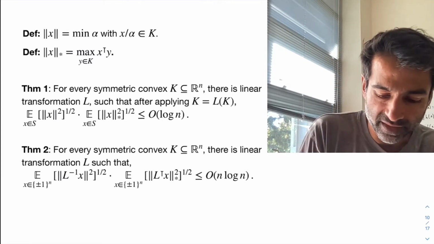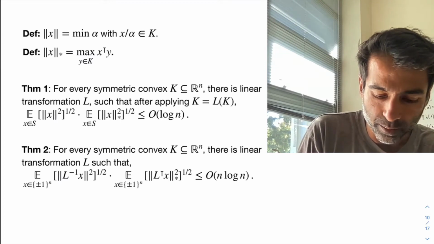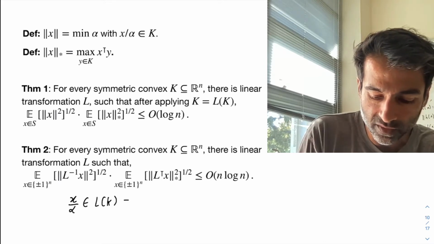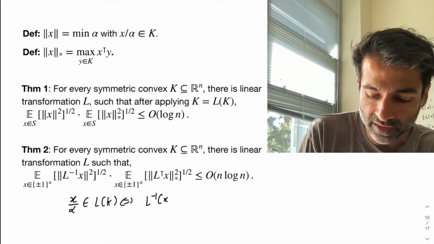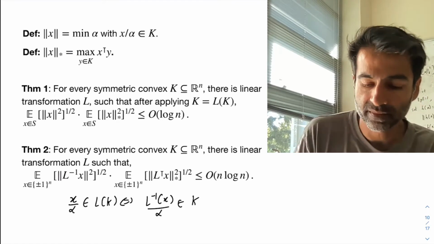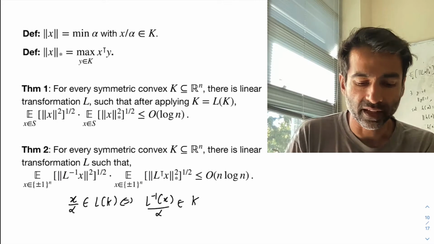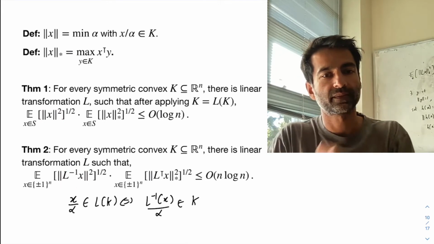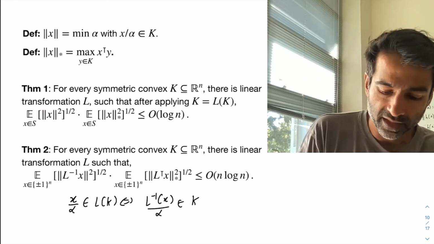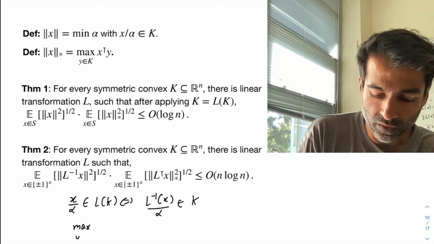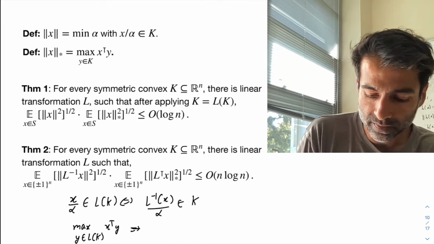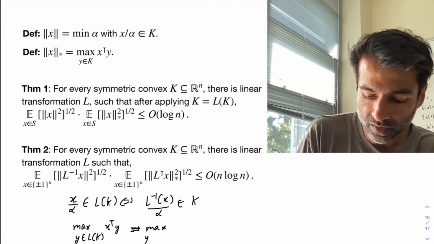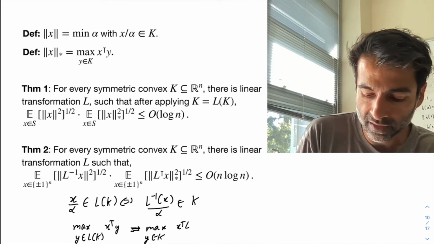The first observation is that given any point x, saying that x over alpha belongs to L of k is equivalent to stating that L inverse of x divided by alpha belongs to k. These two are equivalent. And that sort of justifies why this quantity is similar to this quantity. And similarly, the maximum over y in L of k of x transpose y is equal to the maximum over y in k of x transpose L y.